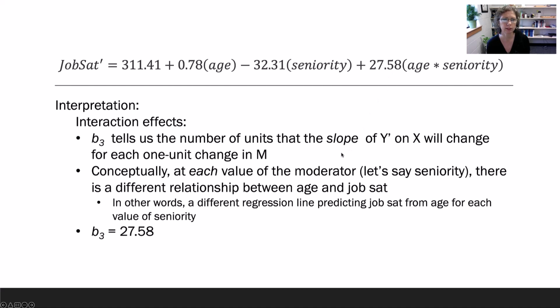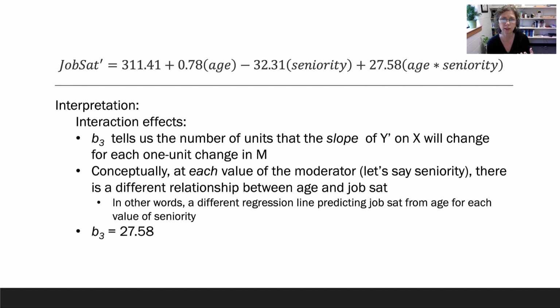This pretty much means that there's a different regression line predicting job sat from age for each value of seniority. So if participants had been in the job 1 year, or 2 years, or 3 years, or 5 years, or 15 and a half years, it ends up that there's an infinite number of regression equations, and we don't want to evaluate all of them. So the way we evaluate this interaction effect is we choose 3 values to check out.